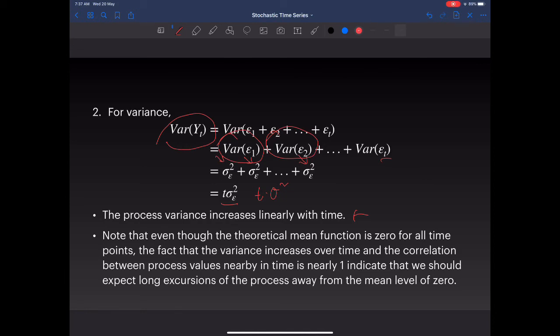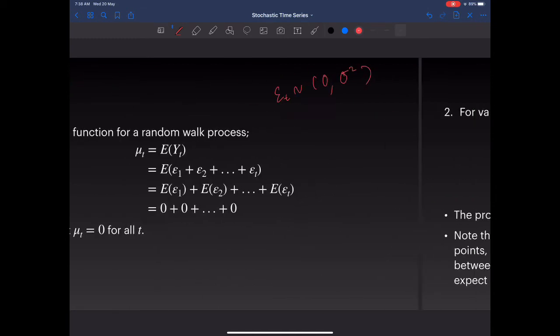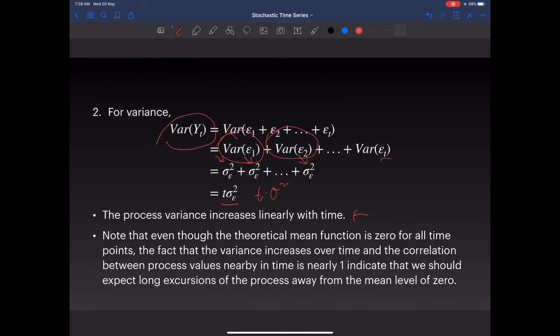Note that even though the theoretical mean function is 0 for all time points, the fact that the variance increases over time and the correlation between process values nearby in time is nearly 1 means we should expect long excursions of the process away from the mean level of 0.